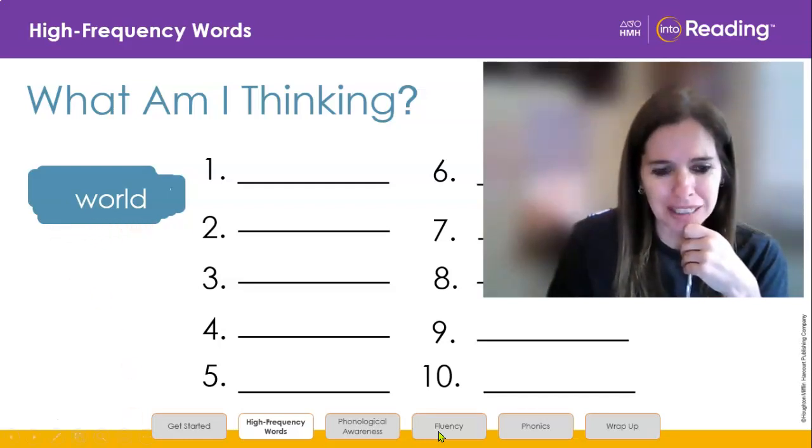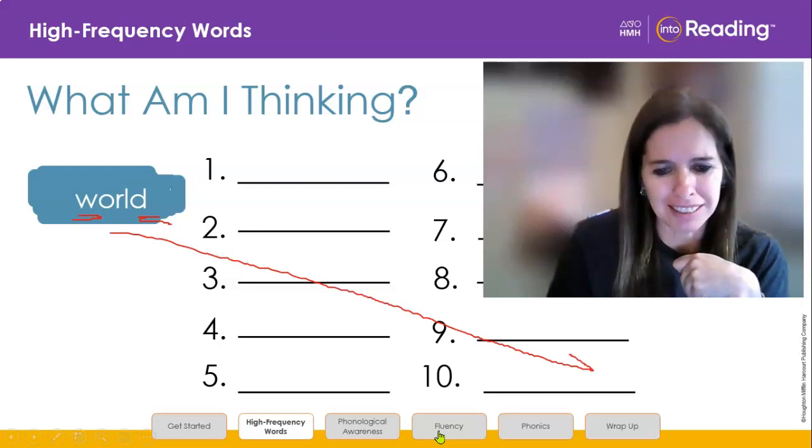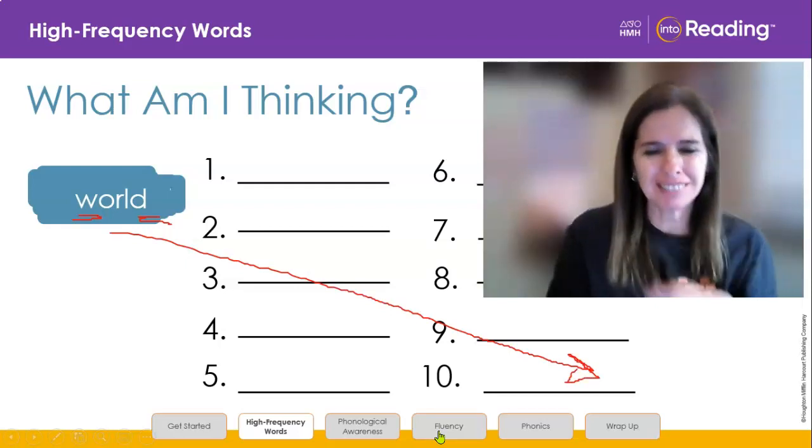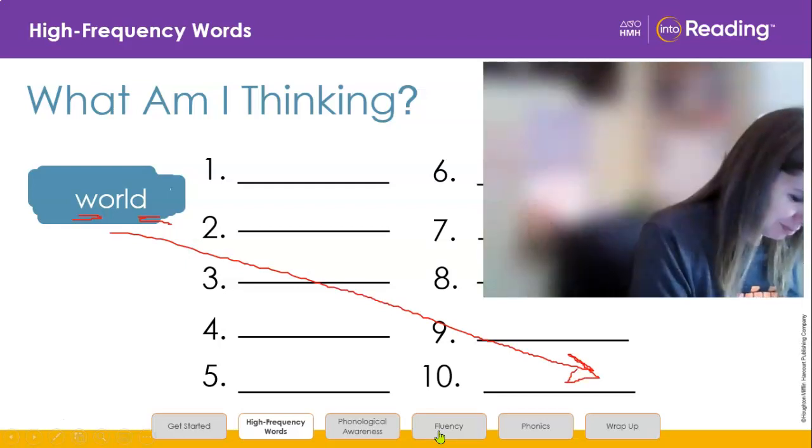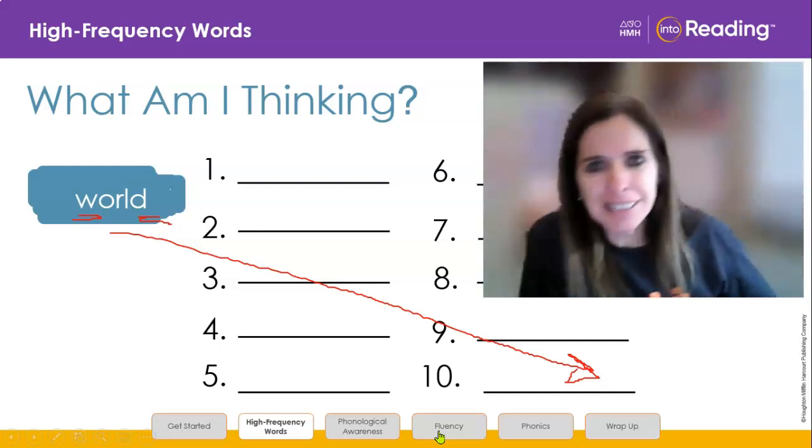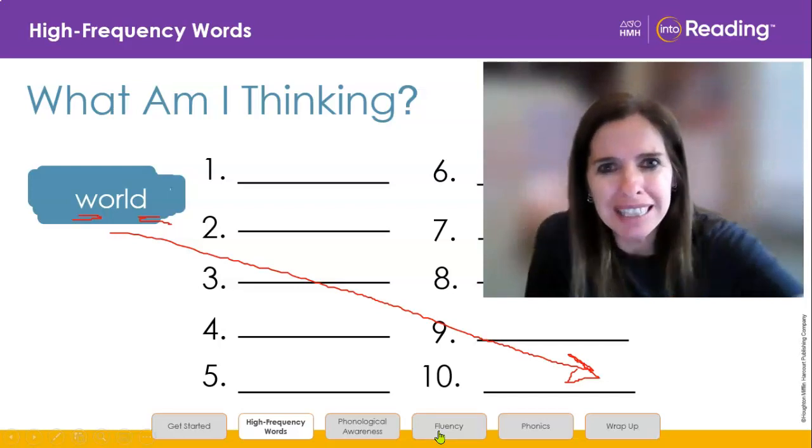It starts with a W. It ends with a D. What word could it be? Write it on number 10. And then tell me, what word am I thinking?